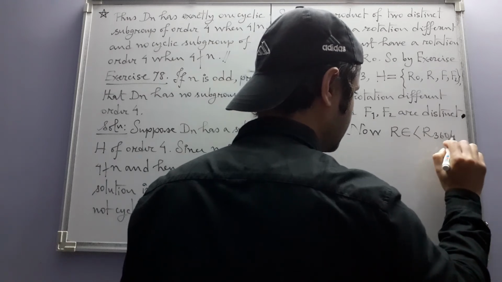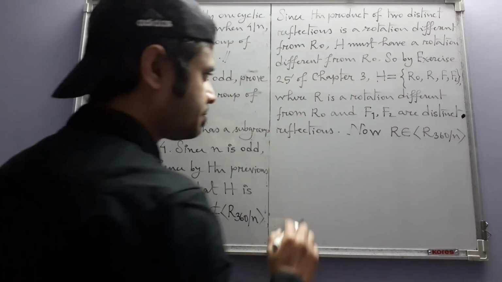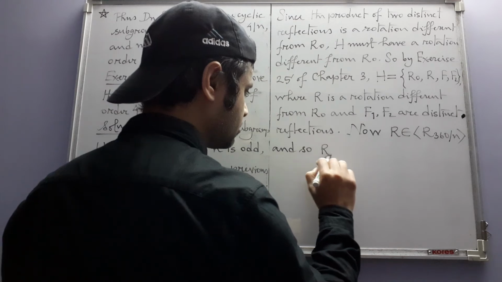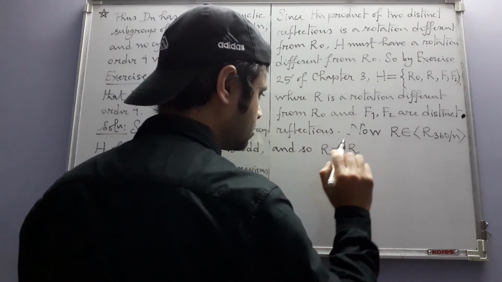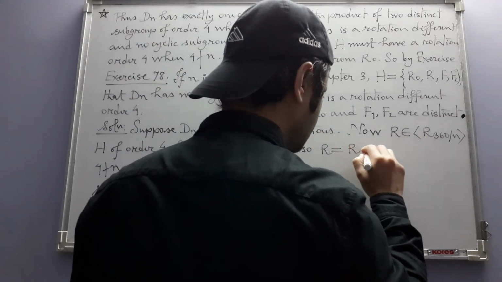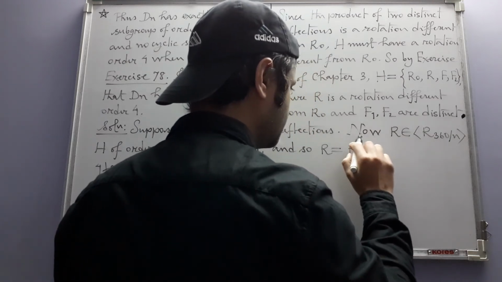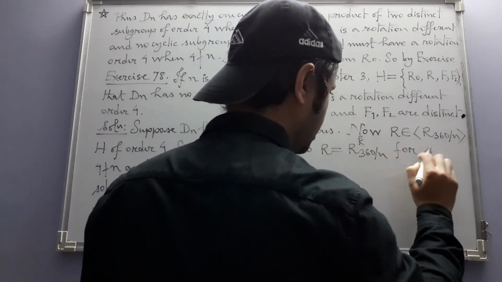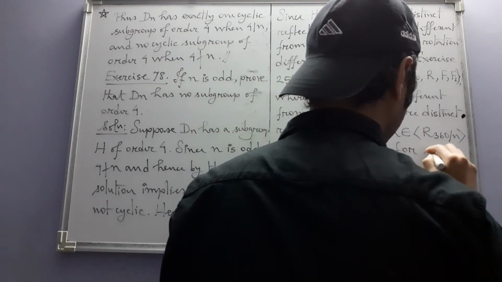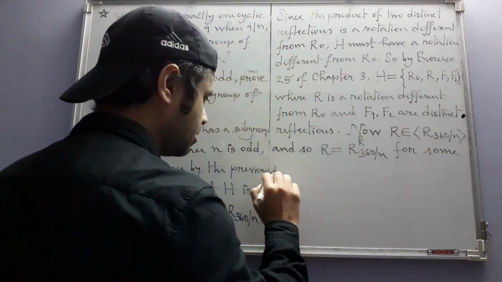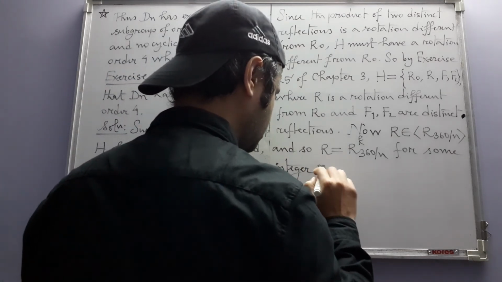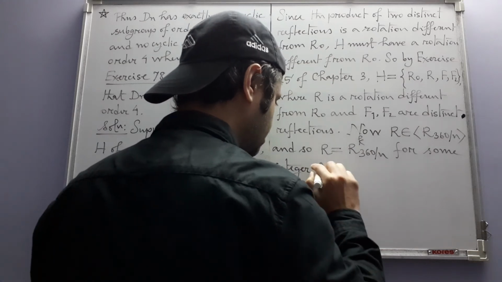And so R will be some integral power of this generator, and in fact because R is not equal to the identity, k should be greater than 0, for some integer k, we can write 1 ≤ k < n.